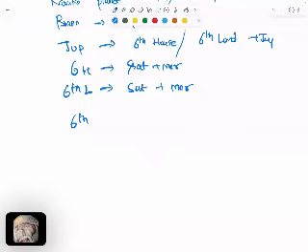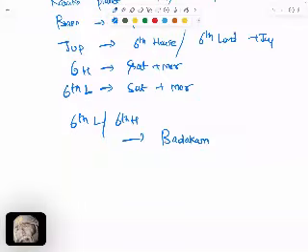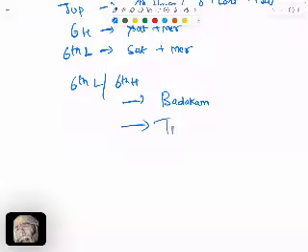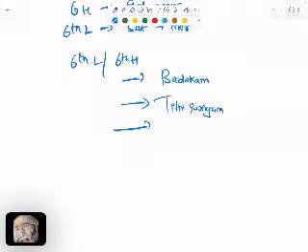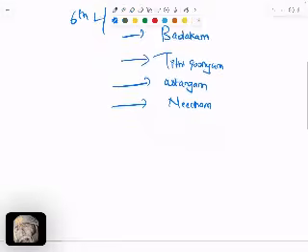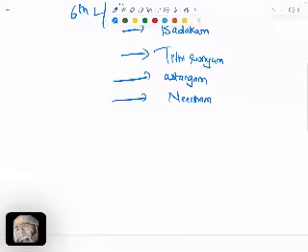And again, the sixth lord or sixth house becoming Badakam, Tithi Shunyam, or Astangam, Nicham, plus definitely affliction of Jupiter.